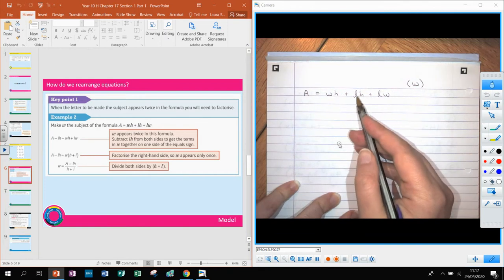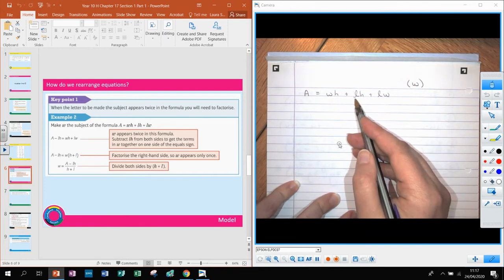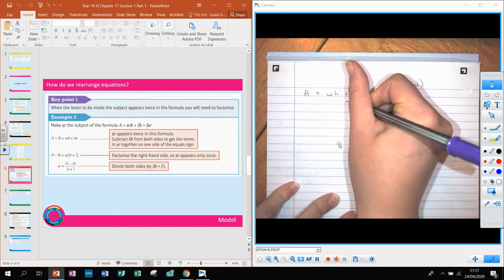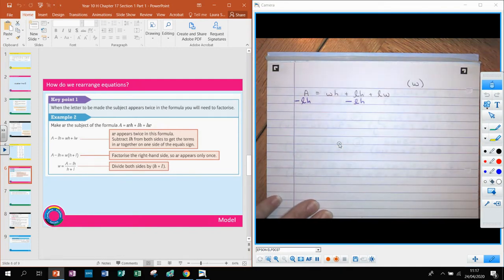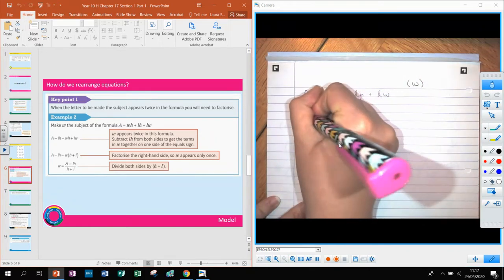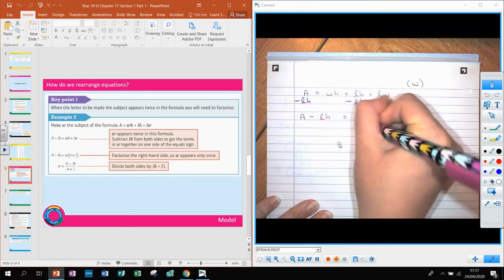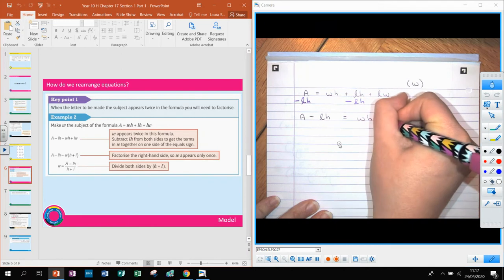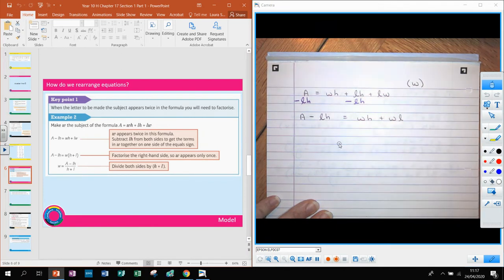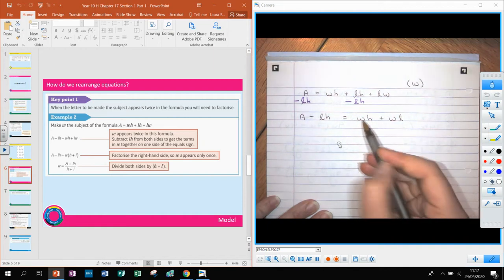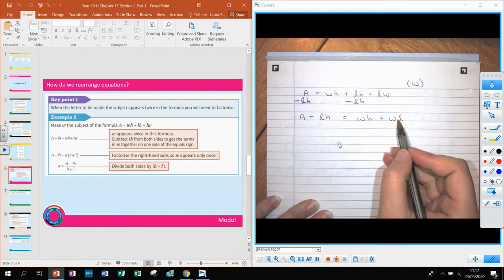So the first thing we're going to do is take away the LH from both sides, because remember, we have to do the same to both sides, okay? So that is going to give me A minus LH is equal to WH plus, I'm going to rewrite this as WL, okay?